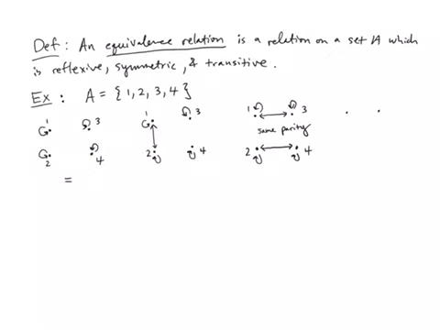So there's more than one way to put, so for example, if I take 1 to 2 and 2 back to 1 and 3 to 4 and 4 back to 3, that's a different equivalence relation, but in some sense it looks a lot like the equivalence relation that we just drew.